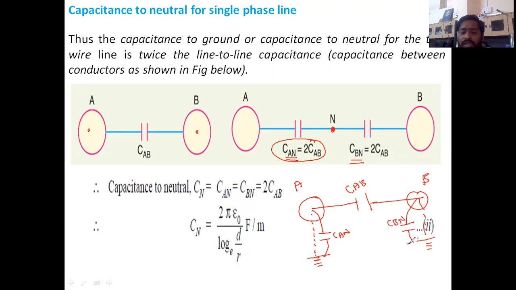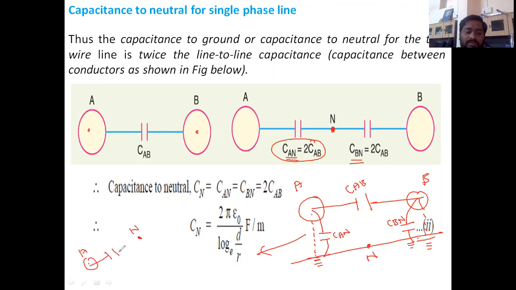Okay, but the neutral, that ground, is always common for any of the conductors. Suppose we have to represent this diagram. So this becomes conductor A, and the ground is considered as the N point.